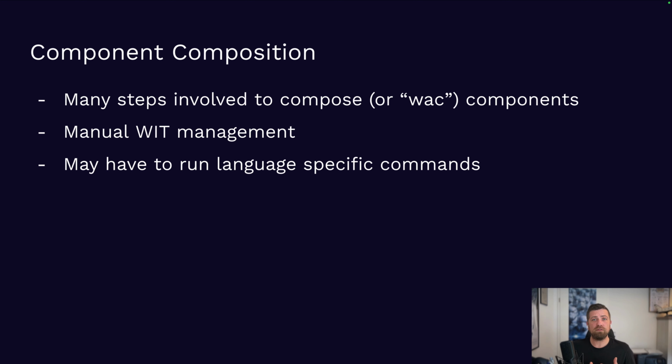Obviously, we have to use language-specific tooling depending on the language we choose for implementing our socket component. So these are things that you have to keep in mind when doing manual composition using wasm-tools and wac.